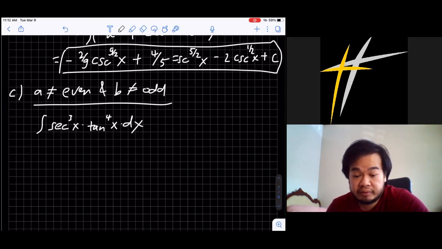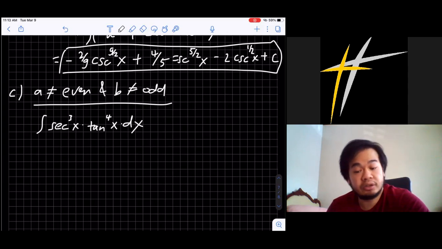If I separate the secant square, then the rest is secant x, which I cannot transform into tangent. If I want to transform tangent into secant, I cannot, because if I take away the secant x tangent x, then the tangent will be odd power. I cannot change it using Pythagorean theorem.